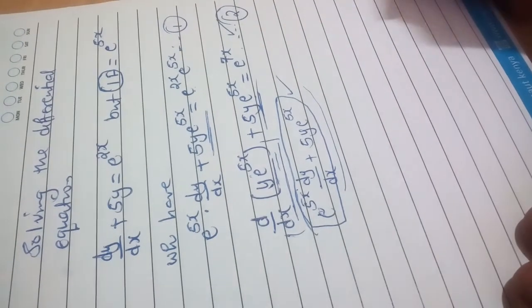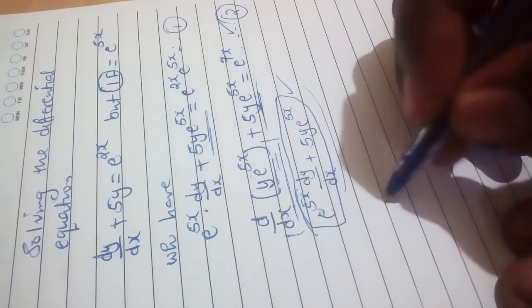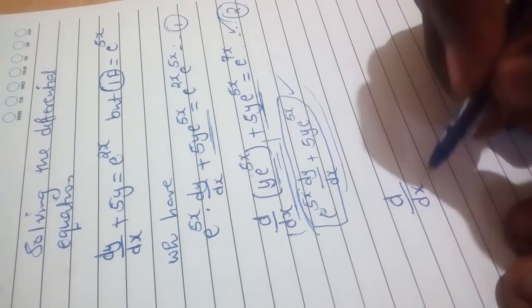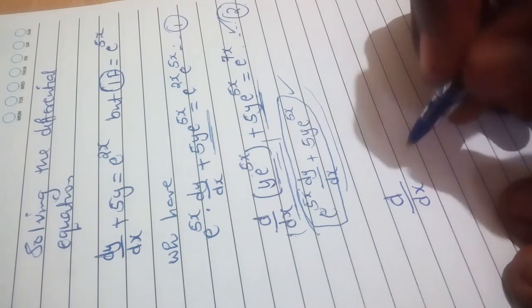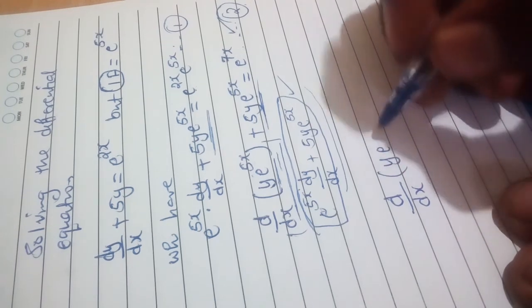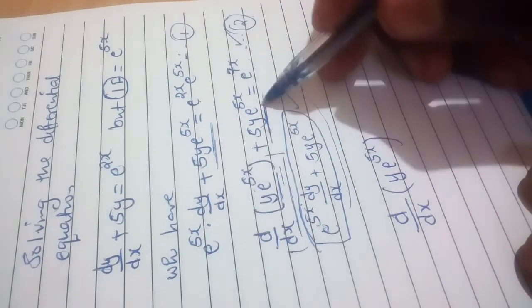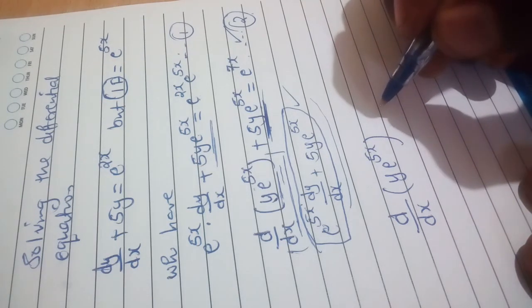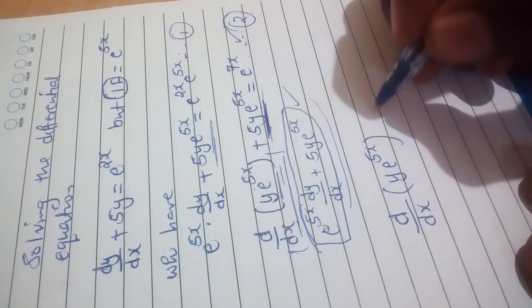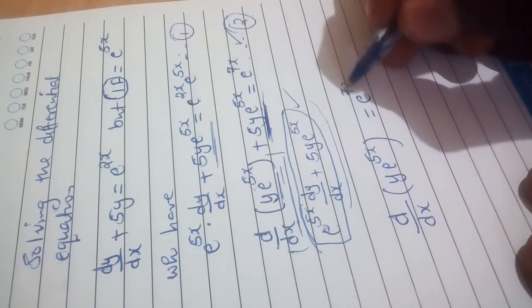From our equation number 2, we can continue and say d over dx of y e raised to 5x, this one ends, and we shall have this one equal to e raised to power 7x.